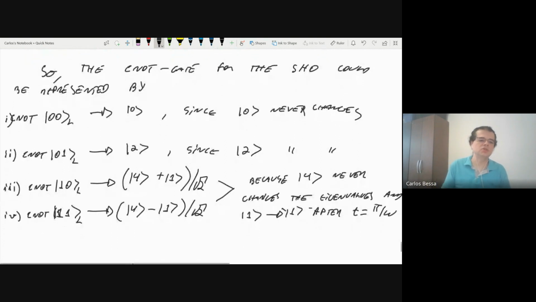So these guys change. The states here, the superposition of the states here, become this, and this vice versa.